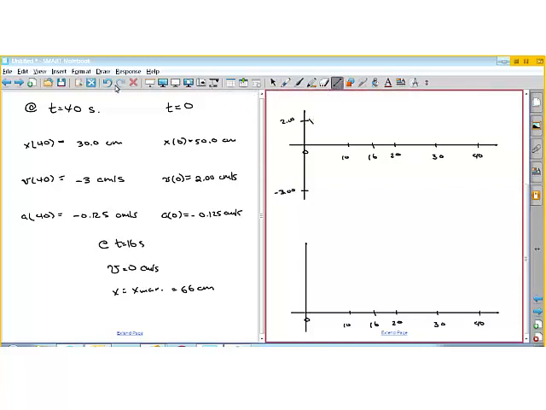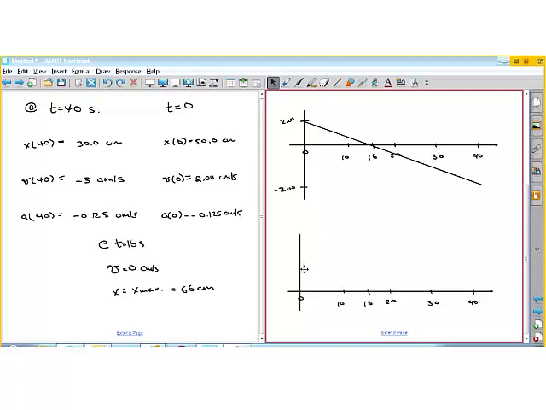And what happens with the velocity is it's linear, so it just starts up here and then goes straight. It should intersect, if I drew this correctly. So maybe move that up a little bit. Okay, so that's the velocity. Initially 2, at 16 seconds it is 0, then it goes that way.